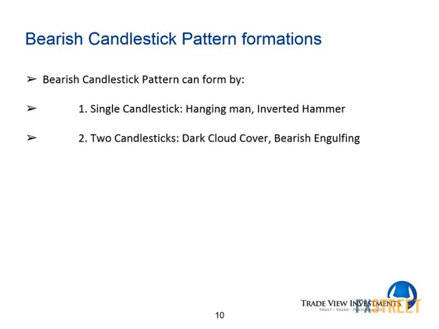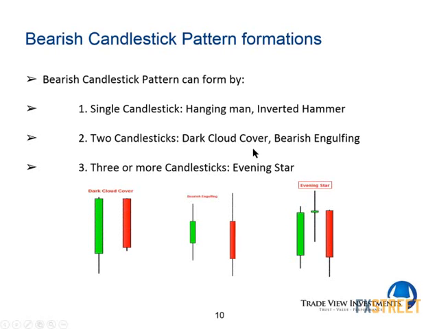So let me help you to define the bearish candlestick patterns: the hanging man or inverted hammer, or a dark cloud. The inverted hammer is just the opposite of the hammer you saw, but it should appear at the end of a bullish run. Second, with two candlesticks, the dark cloud cover can be extremely important, or a bearish engulfing.